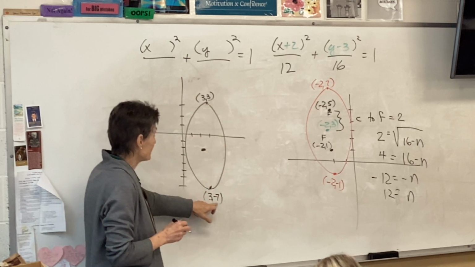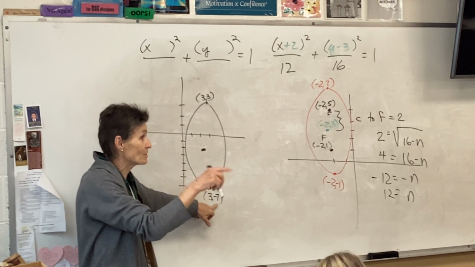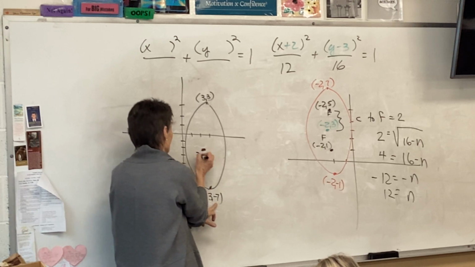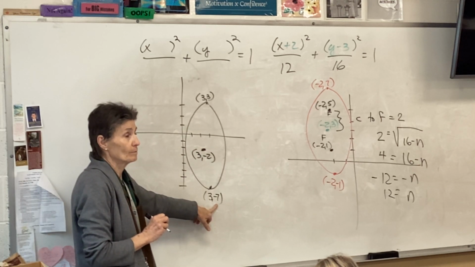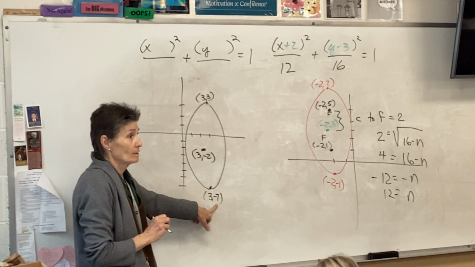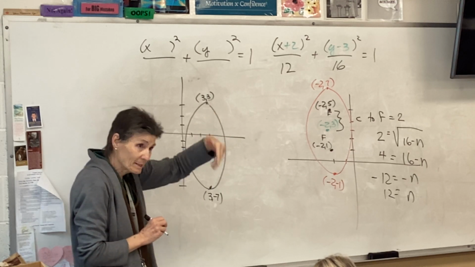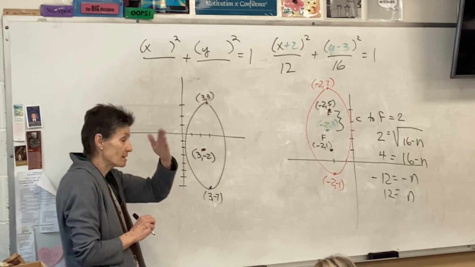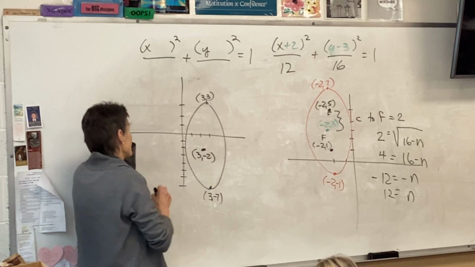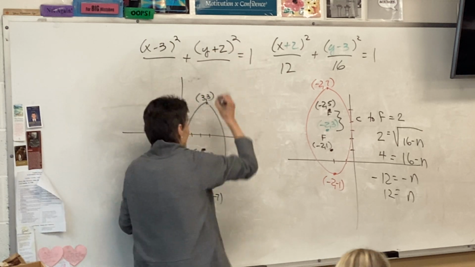So 3 and negative 7 is negative 4 divided by 2 is negative 2. So your center is at 3, negative 2. Your center will always be the midpoint of your axis, right? Either axis, it's in the middle of everything. So x minus 3, y plus 2.